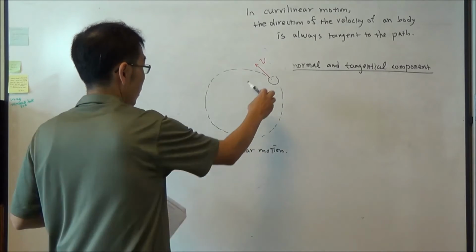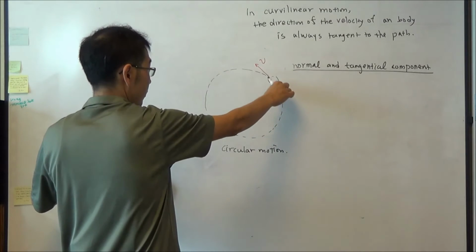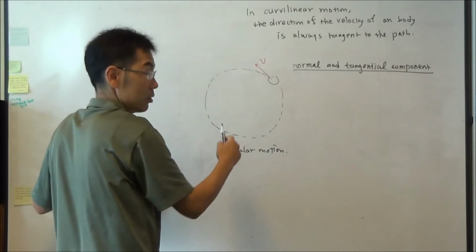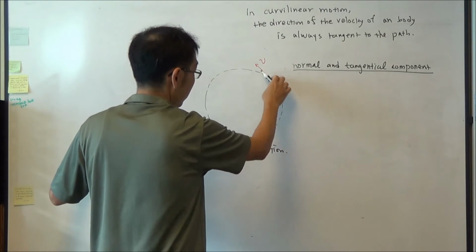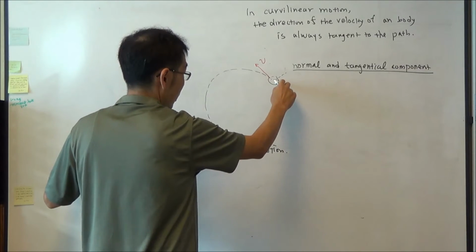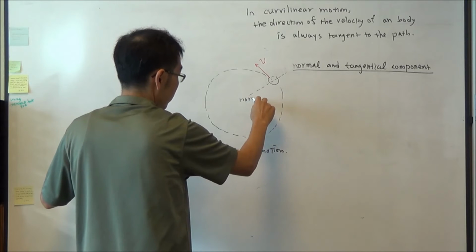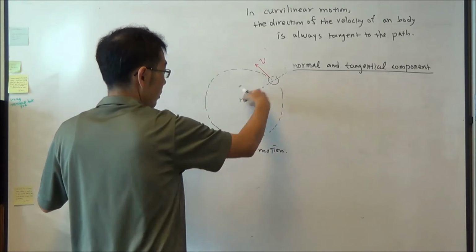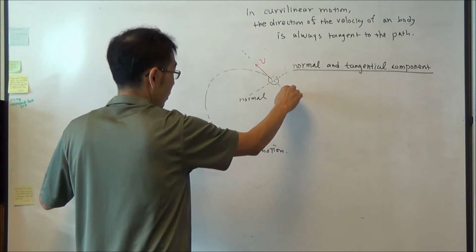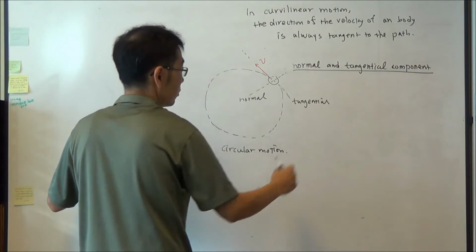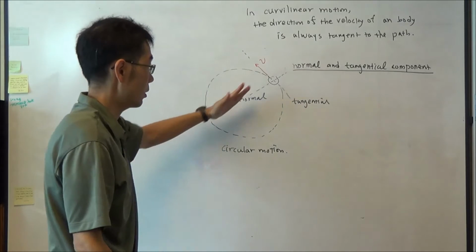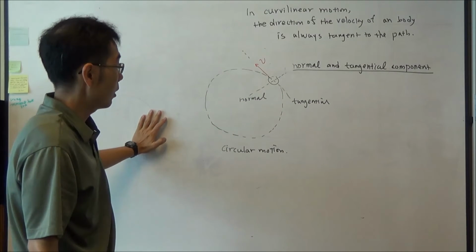Which means once you set up the velocity direction, which is tangent to the path, the normal is always 90 degrees to that, perpendicular to the tangential. So here is the normal direction. This is the normal direction, and this is the tangential direction. So this is the tangential component, this is the normal component.